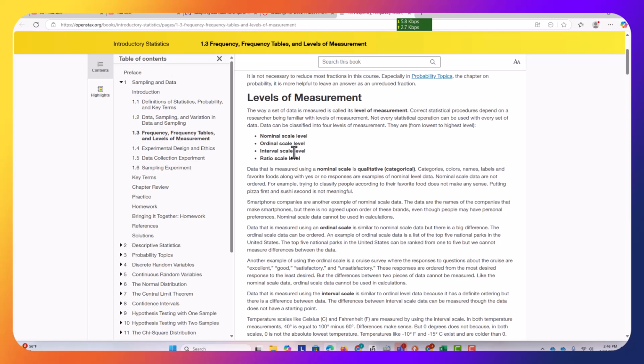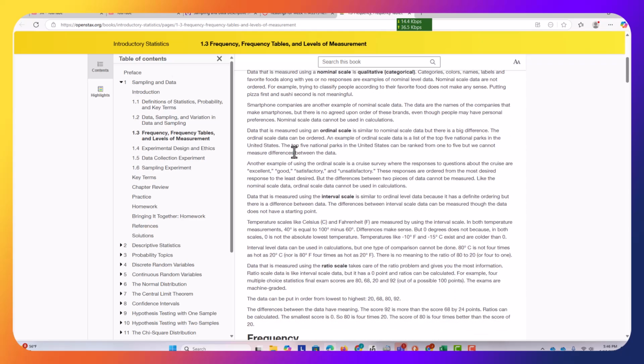Then you have the interval scale. Data at the interval level can be arranged in order, and the differences between the data values can be found and are meaningful. But data at the interval level do not have a natural 0 starting point at which none of the quantity is present. That's the part that's a little confusing.